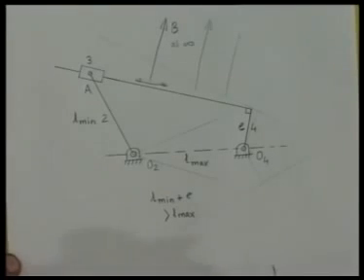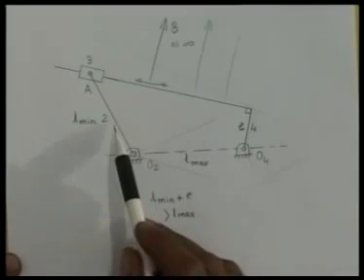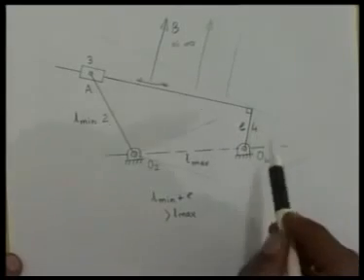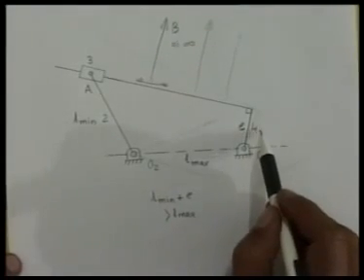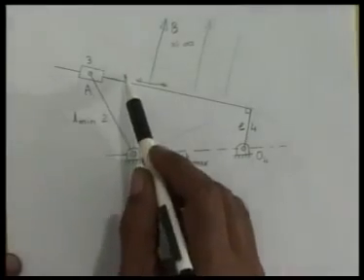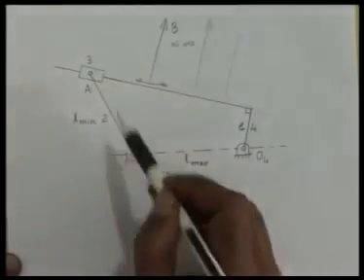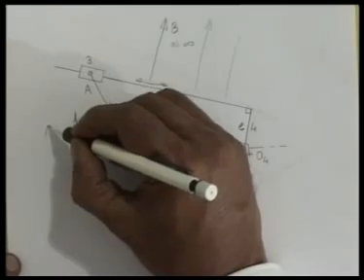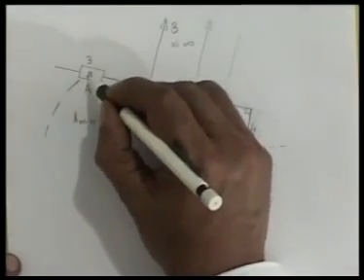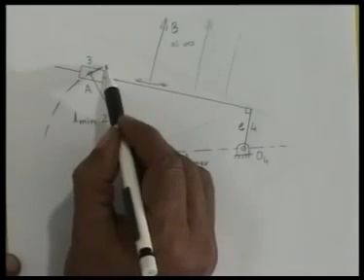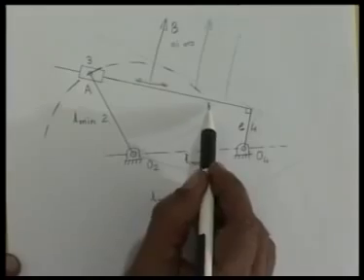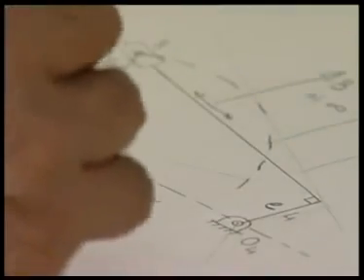Now, to find the extreme position of link 2 or link 4, what I know is that, say for the extreme position of link 4, the other two links, link 2 and link 3, that is O2A and AB, must be collinear. And A must move on this circle, which is centered at O2 with radius O2A.